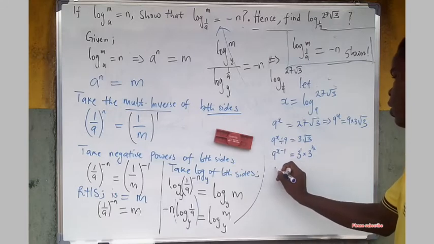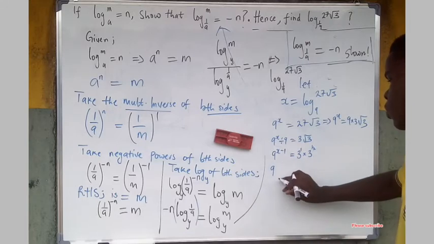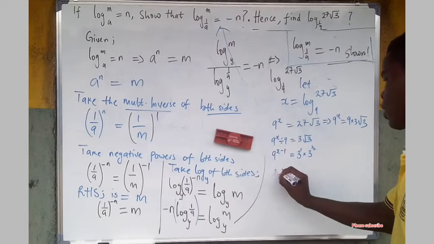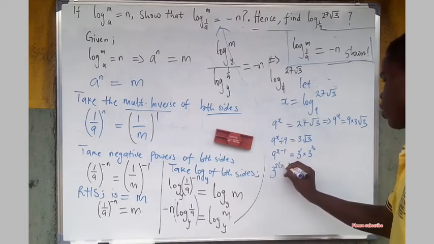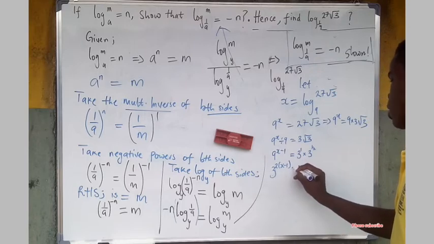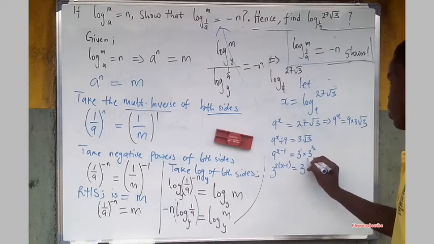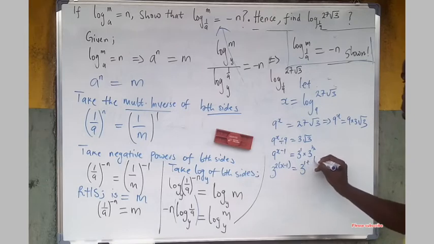Now let's change 9 to 3 squared. This means 3 to the power 2 times (x minus 1) equals 3 raised to the power 1 plus 1 over 2.